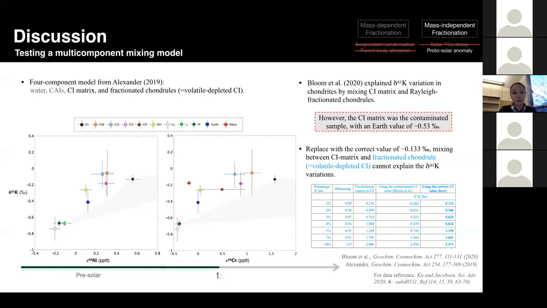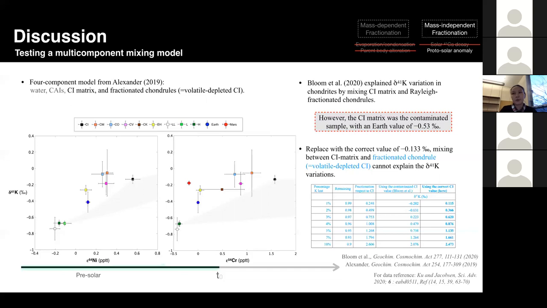When we tried to reproduce the result, we found that the CI material in their study is a sample contaminated in 2016, which means the CI matrix value is mistaken. The chondrules calculated from Bloom et al. also use a contaminated CI material as their starting material in the Rayleigh equation.